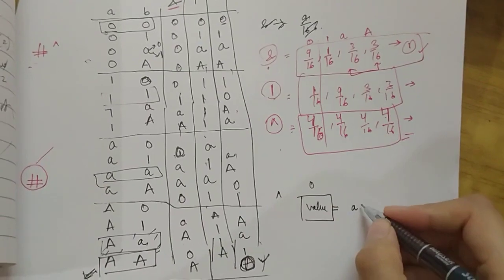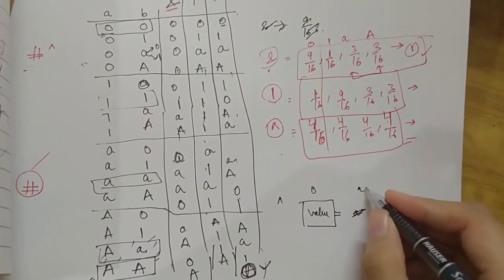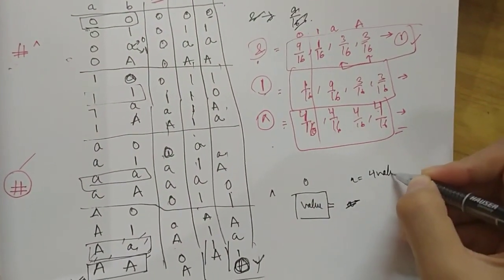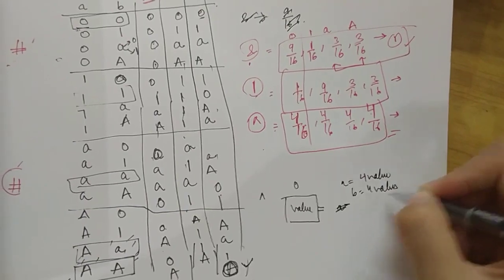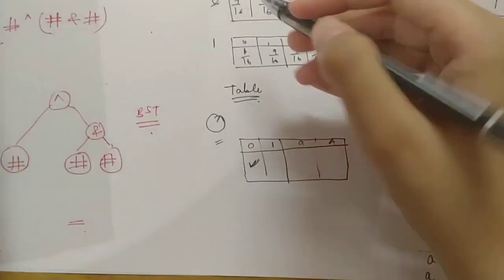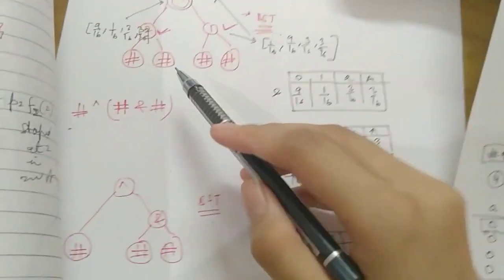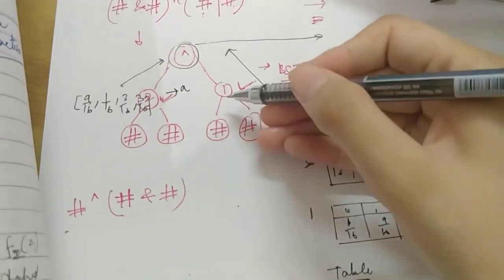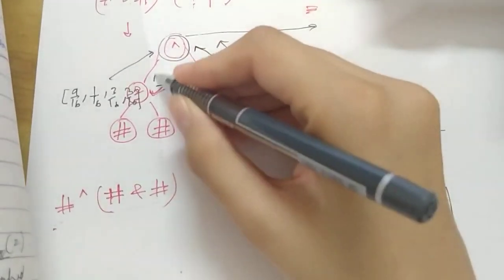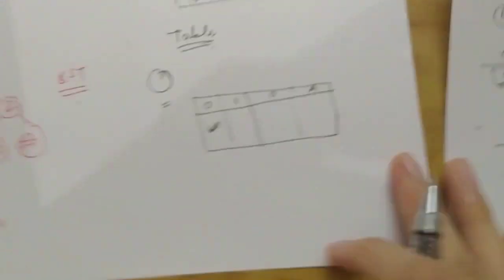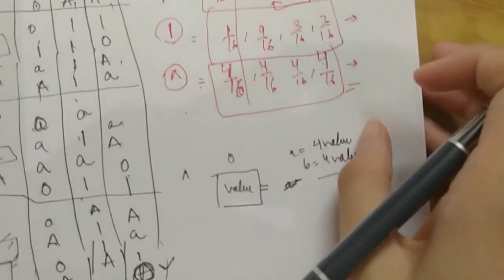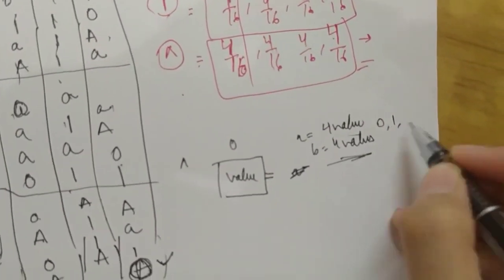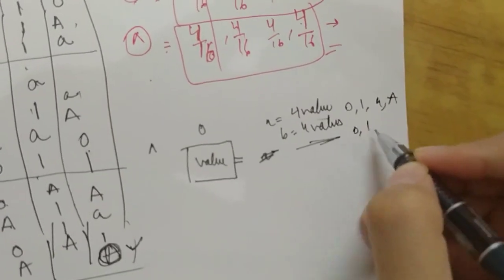Say A has 4 values, B also has 4 values, the part before is A, and the part after is B for XOR. So A has 4 values, B has 4 values corresponding to 0, 1, small a and capital A.